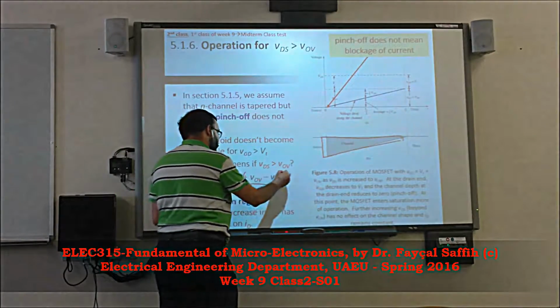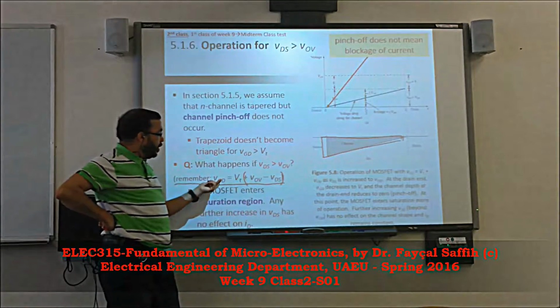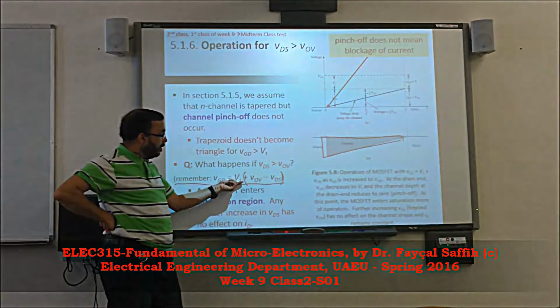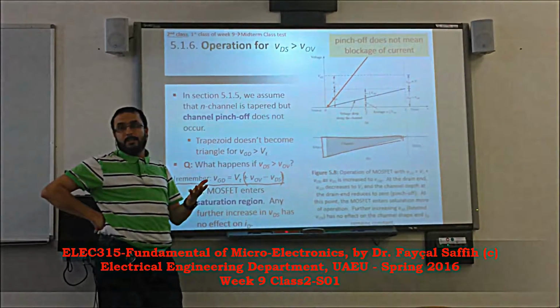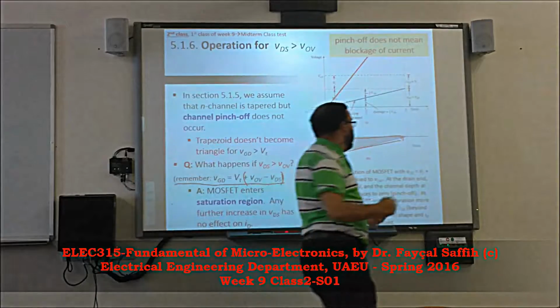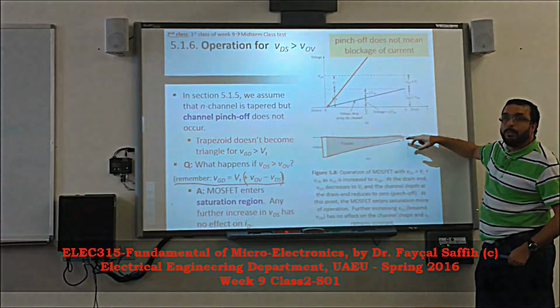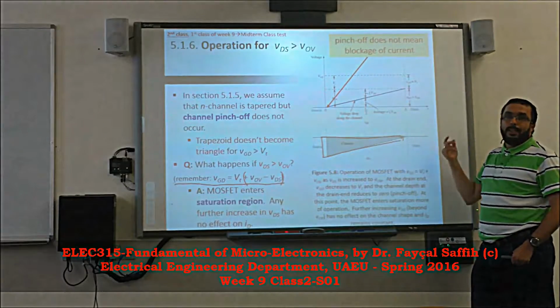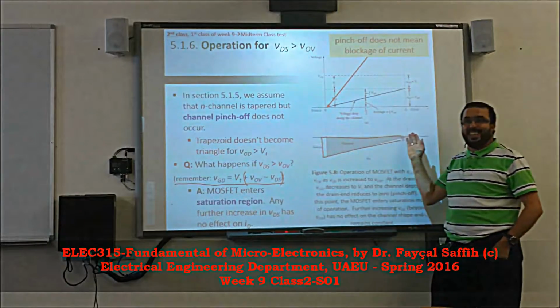In that case, VJD will be less than VT. So the effective voltage across the channel here will be negative. VJD is actually VGS, but on this side.